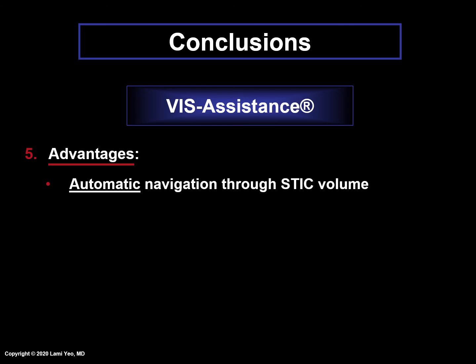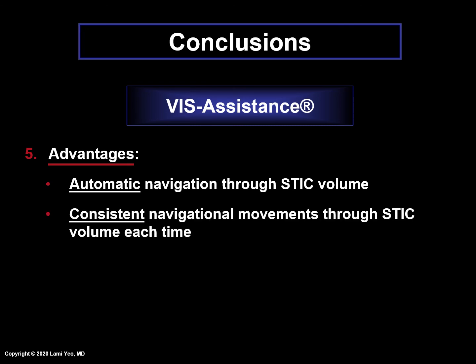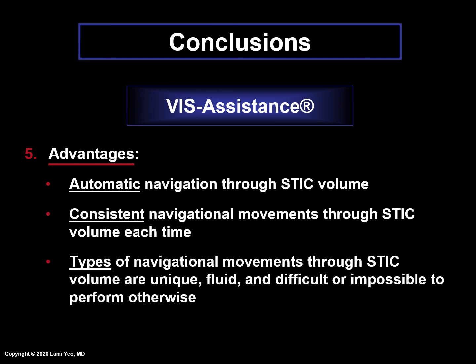It allows automatic navigation through the stick volume. Second, each time that VISA is activated, there are consistent navigational movements through the stick volume. Third, the types of navigational movements through the stick volume are unique, fluid, and would be difficult or impossible to perform otherwise. And last, the time duration of VISA is typically shorter, less than 4 minutes.